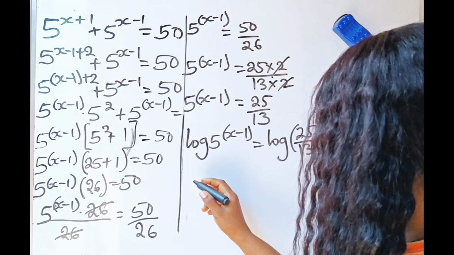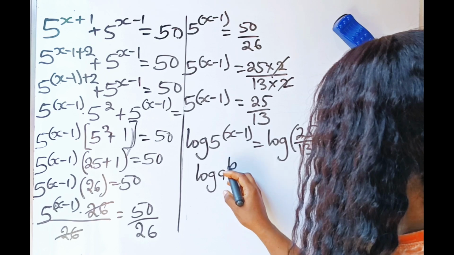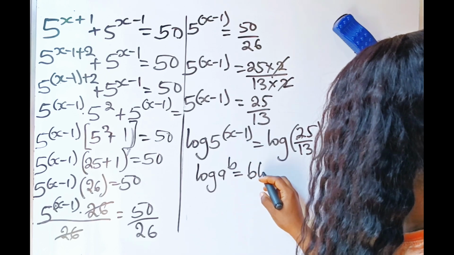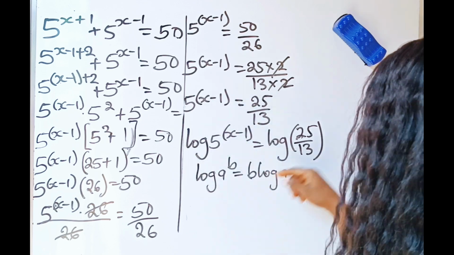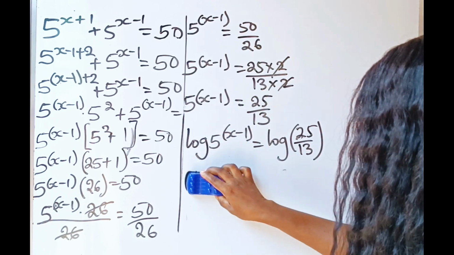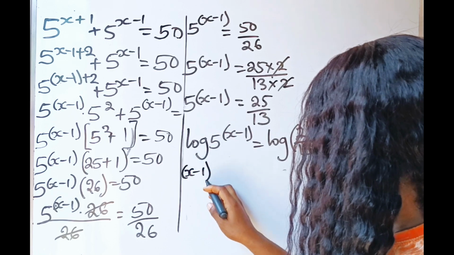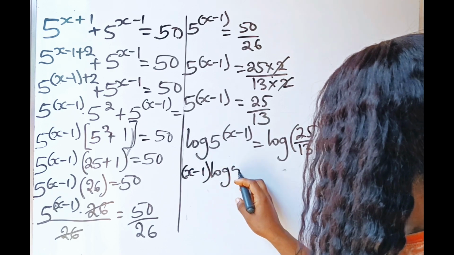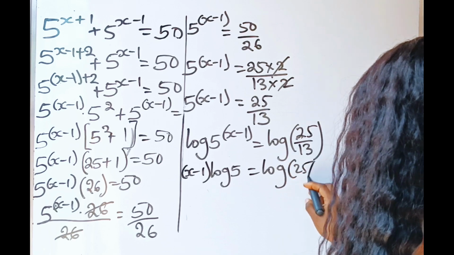Okay, so when you have log a raised to the power of b, this is equal to b multiplied by log a. So we are going to bring this down to multiply this.